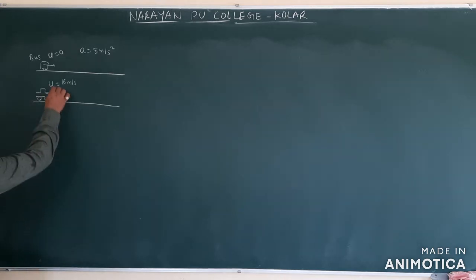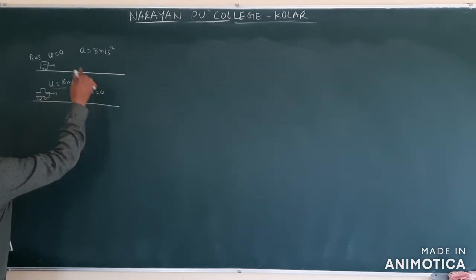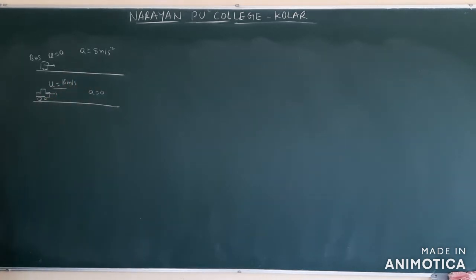Since the velocity is constant, the acceleration is 0. Already in theory we discussed, whenever it is moving with constant velocity, its acceleration becomes 0. So after how much time and at what distance does the bus overtake the car?